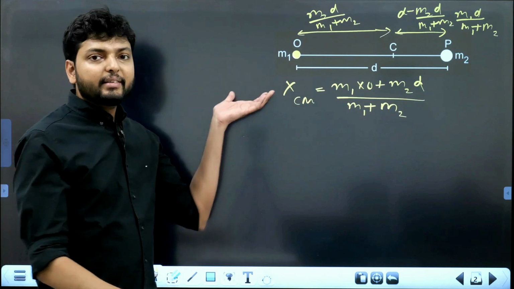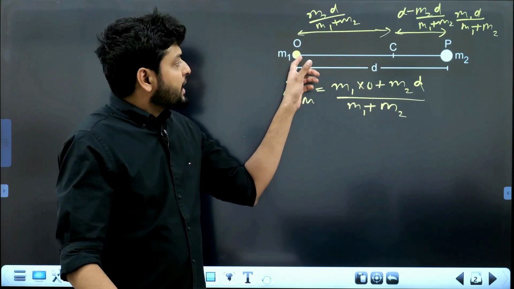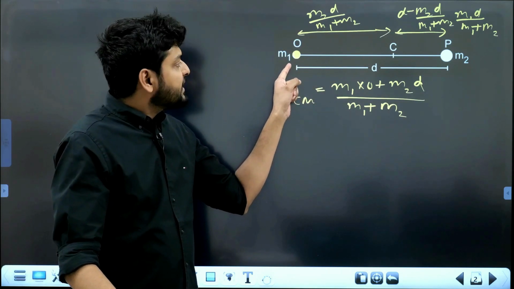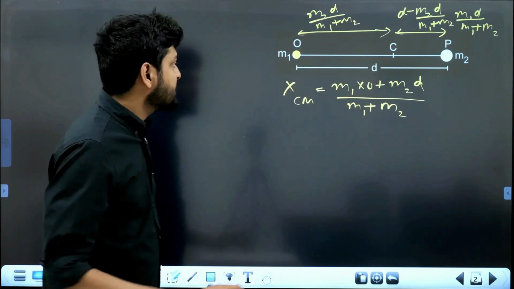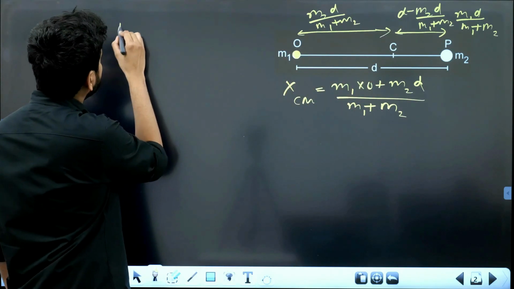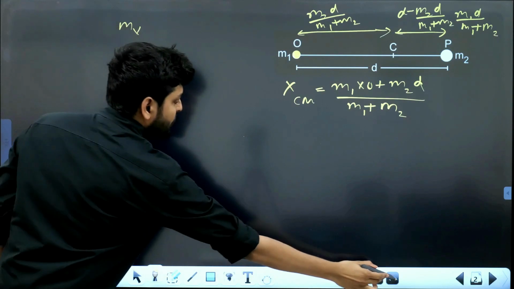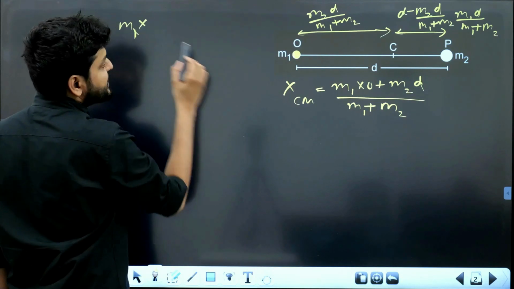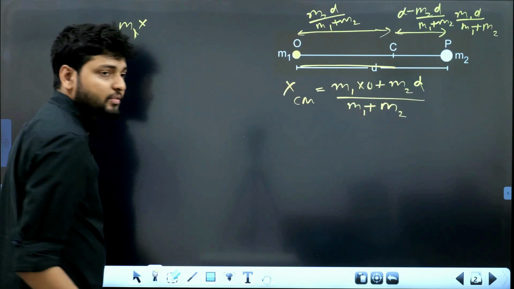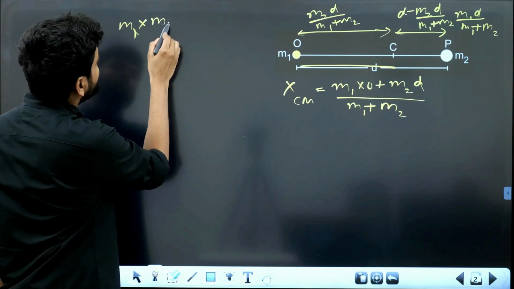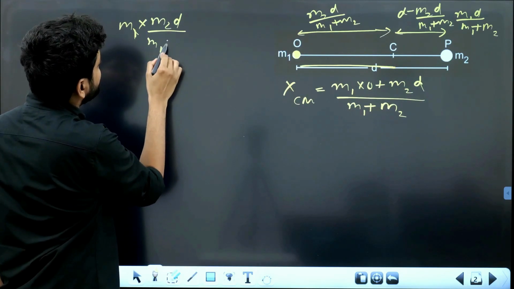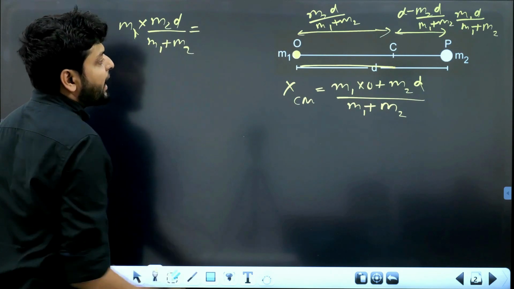So are you seeing an interesting fact here? If I multiply m1 into its distance from the center of mass, what is its distance from the center of mass? That is m2d by m1 plus m2, right?